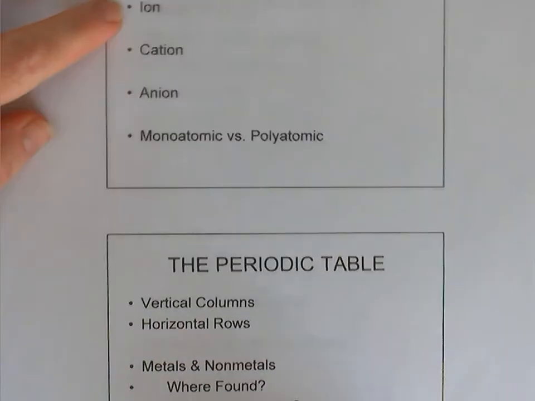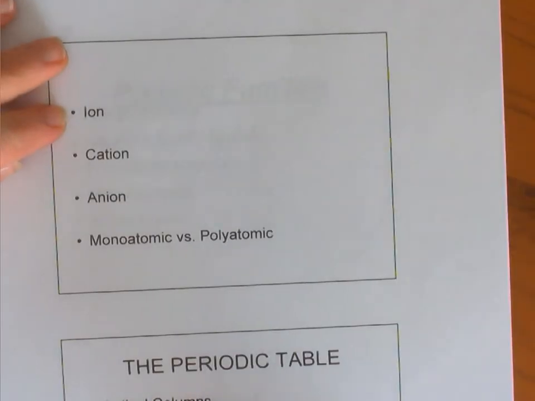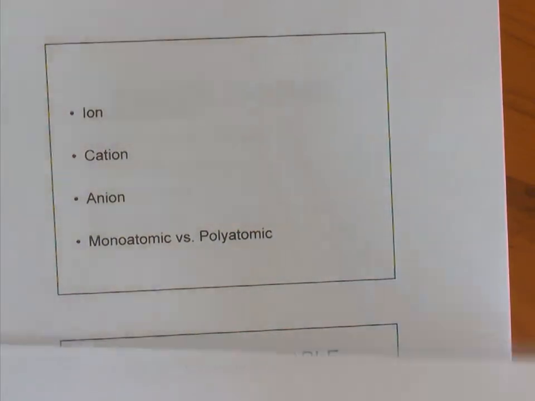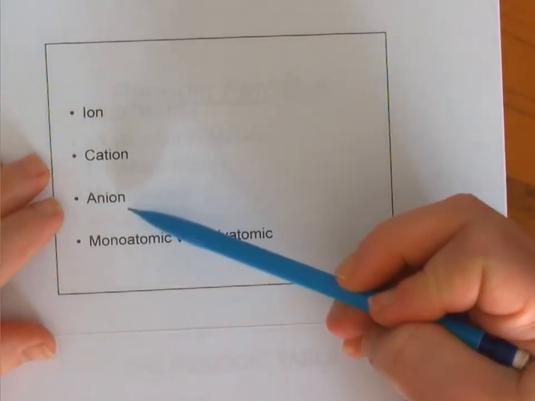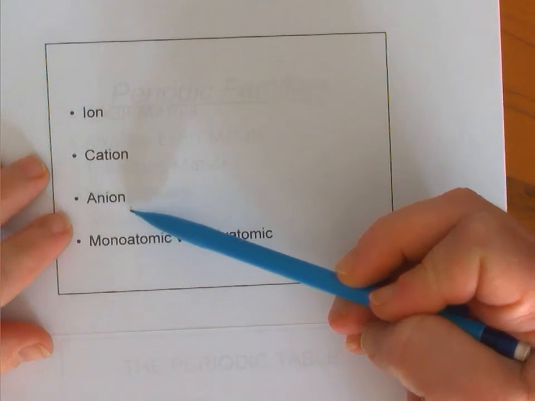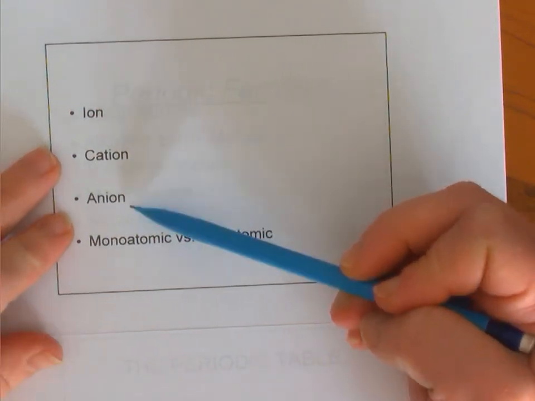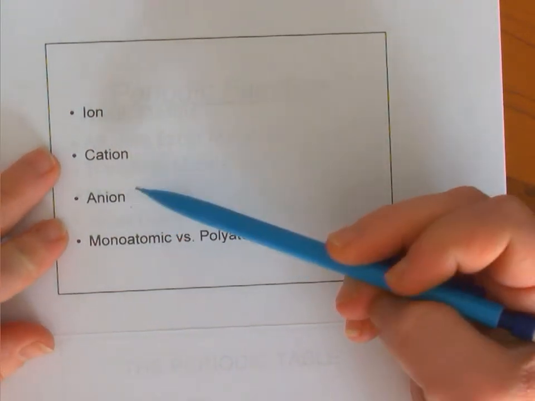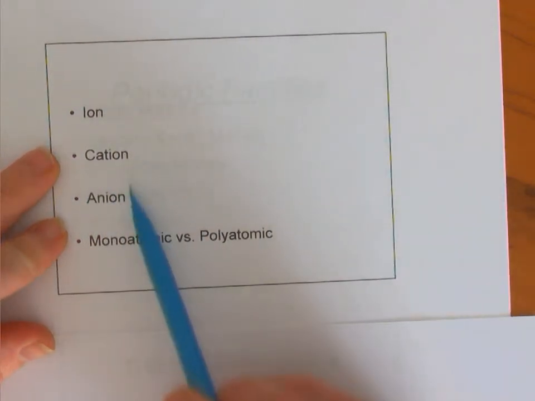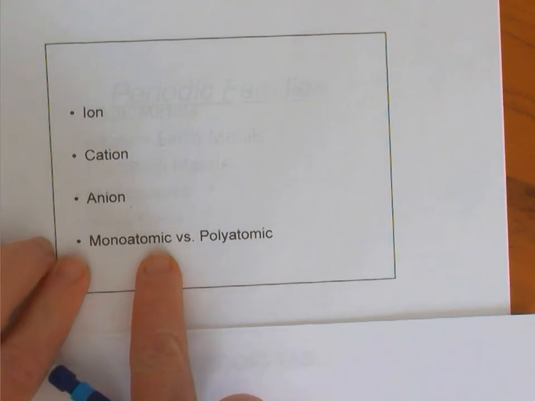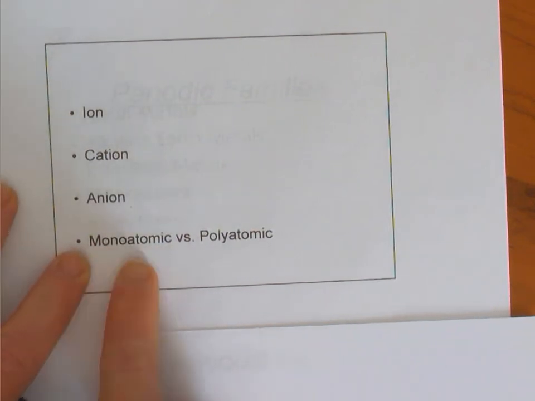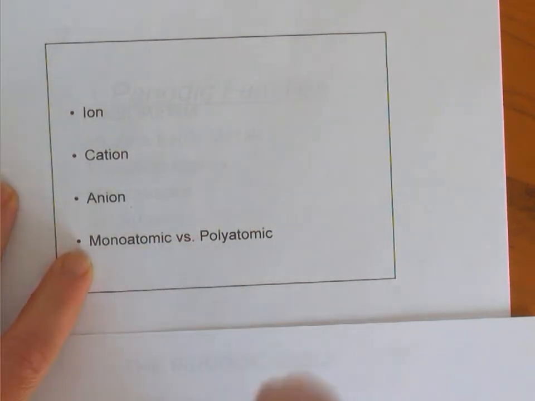Okay, an ion is simply a charged species. And we know that we can have positive ions, those are cations, and negative ions, those are anions. And we know atoms become charged by losing or gaining electrons. Now, a monoatomic ion is a single atom ion.